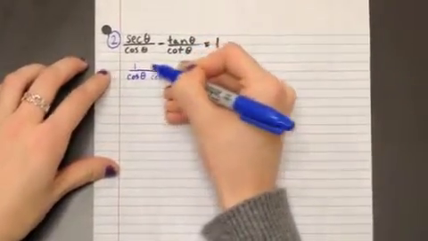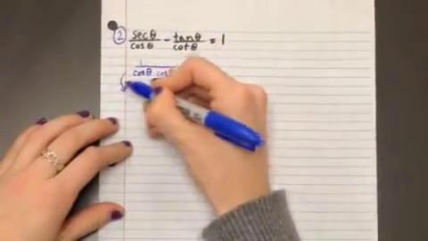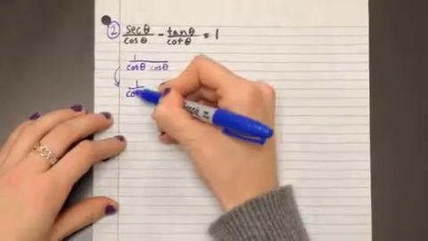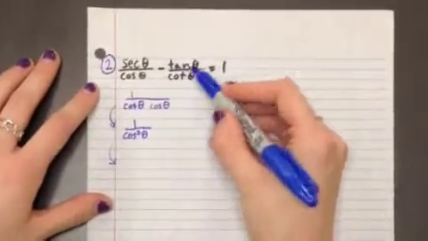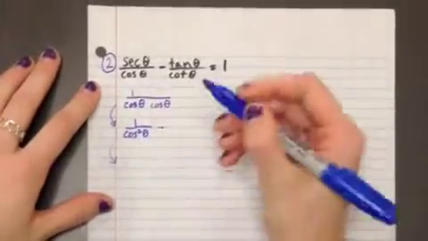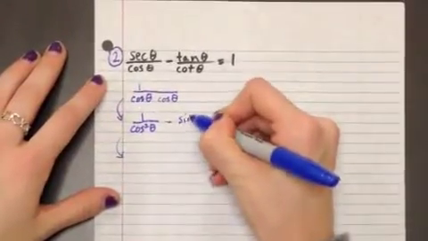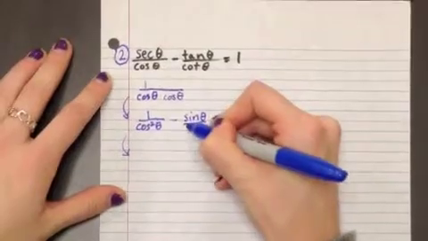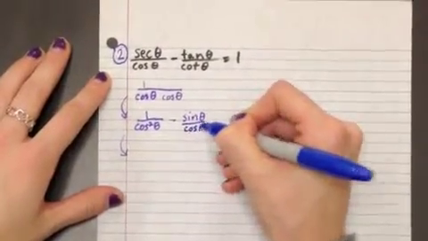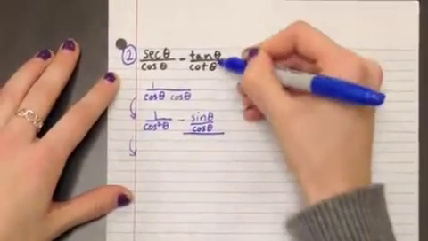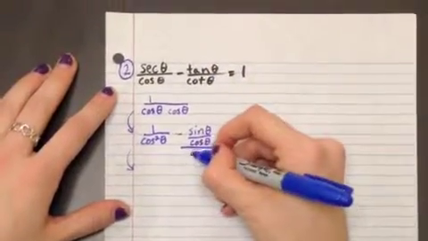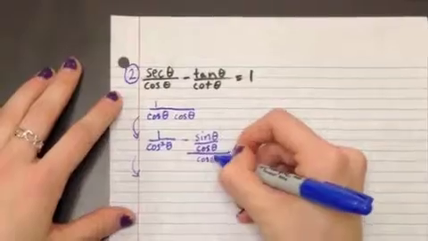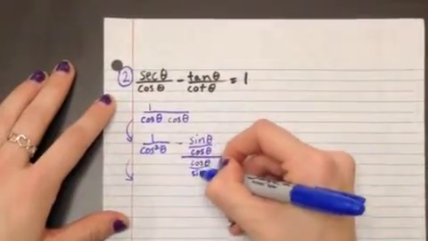And this simplifies to 1 over cosine squared theta. And we can rewrite tan theta as sine over cosine. So sine theta over cosine theta all over cotangent theta. And we know that cotangent theta equals cosine over sine.